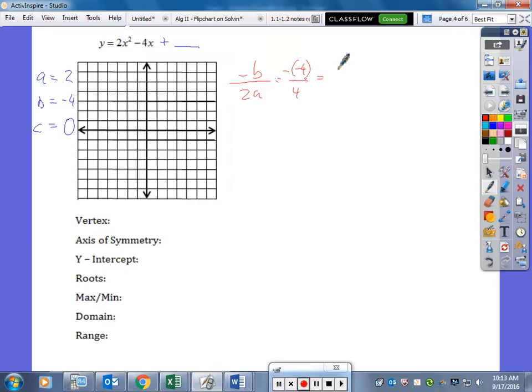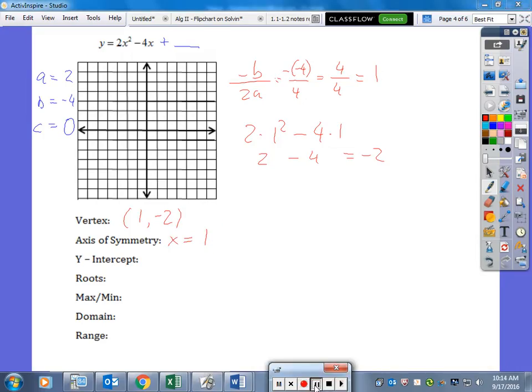In other words, 4 divided by 4, which is equal to 1. Plug in the 1 into our equation, we get 2 times 1 squared minus 4 times 1. 1 squared is 1 still, so 2 minus 4 is equal to -2. And here you got your coordinates of the vertex, 1 and -2, which also gives us our axis of symmetry, x is equal to 1.